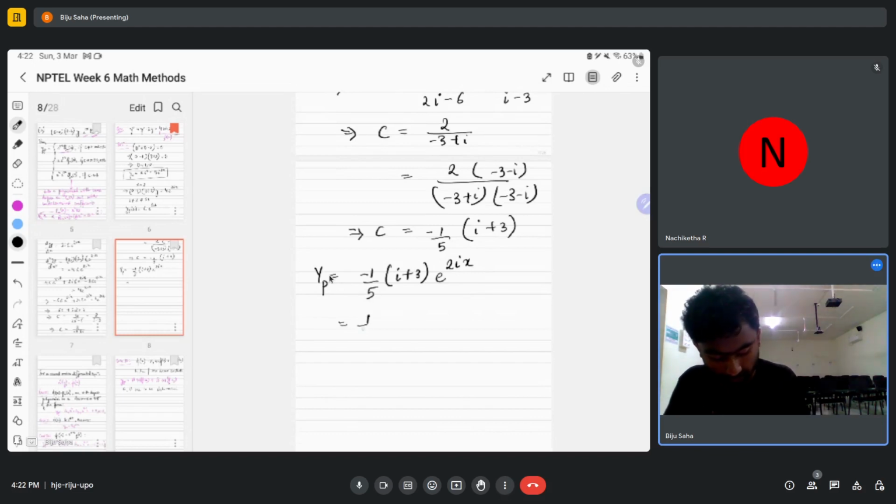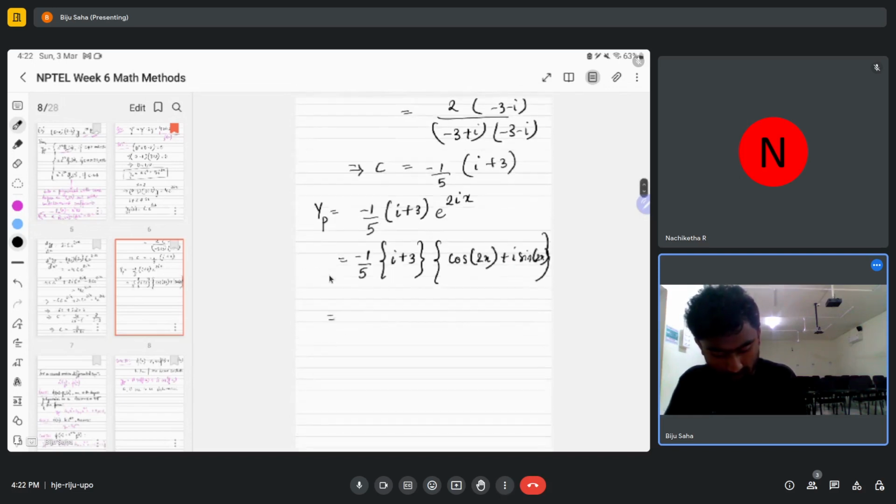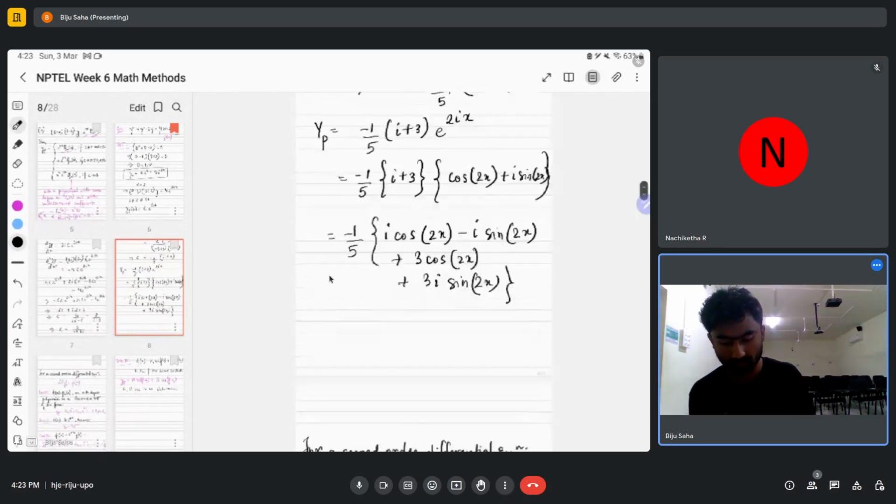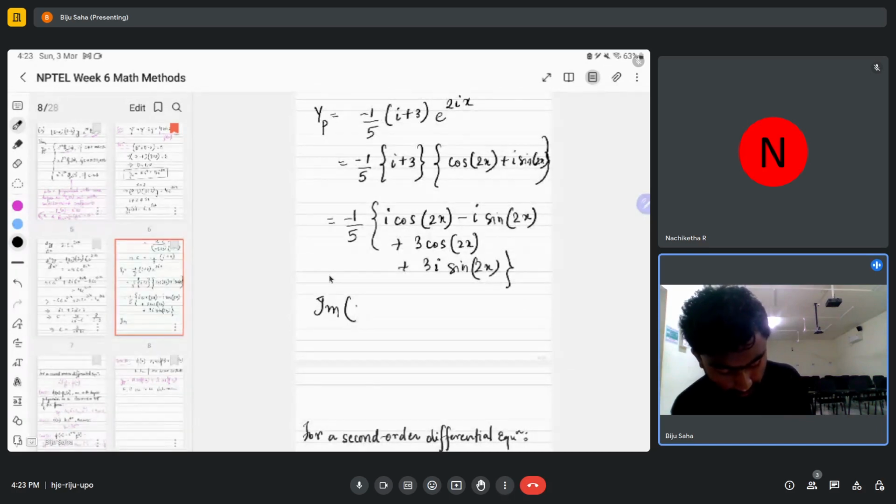So the imaginary part of y particular would be minus 1 by 5 cos of 2x plus 3 sine of 2x.